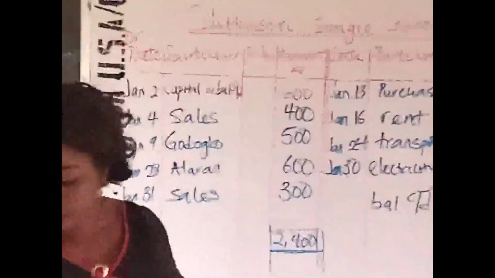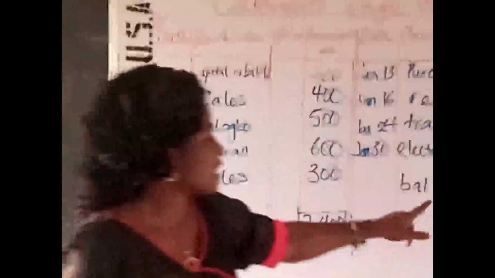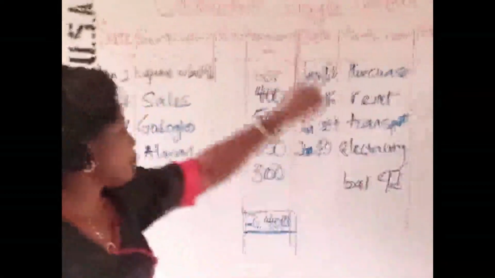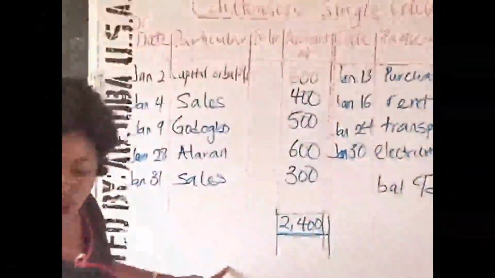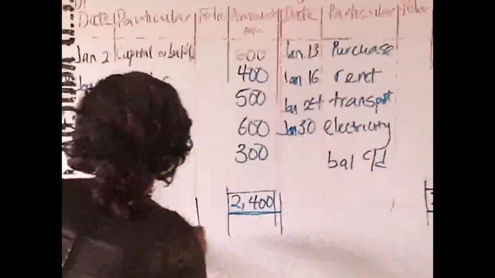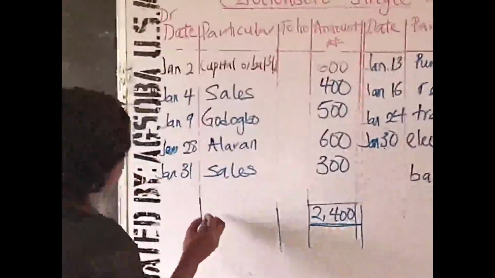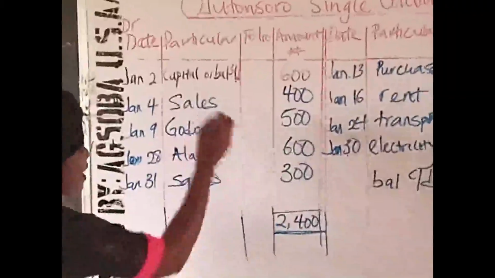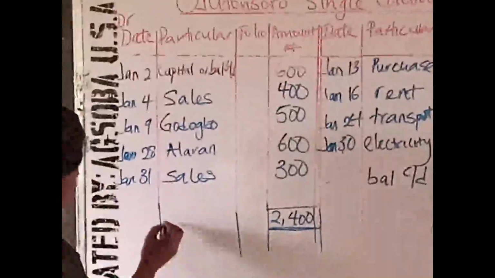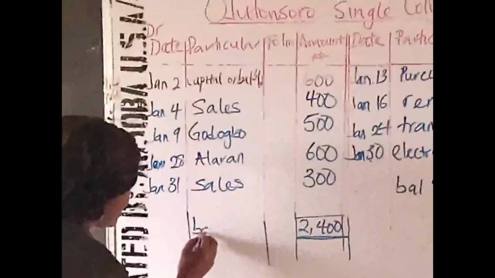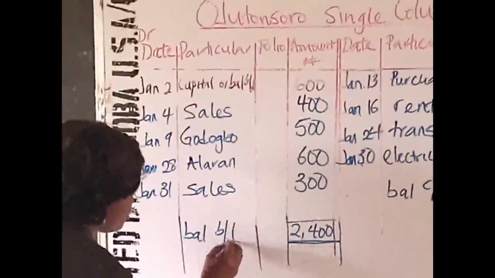Now, this balance carried down that we have here, we are going to bring it down under the total in the debit side. You're going to write it under the particular on the debit side as balance brought down. Under your particular. Don't write it under your total. Under your particular in your debit side, balance brought down.